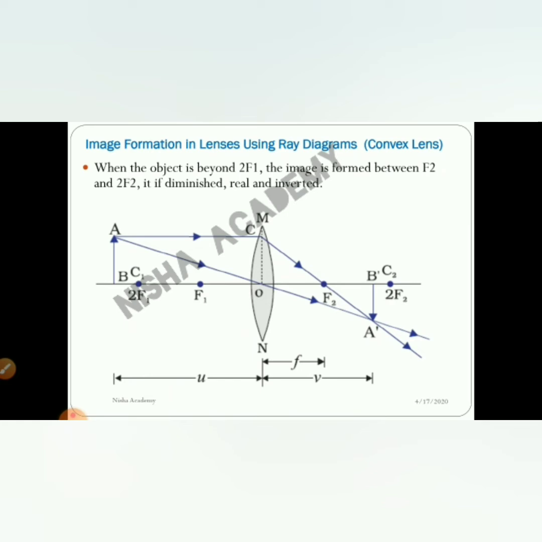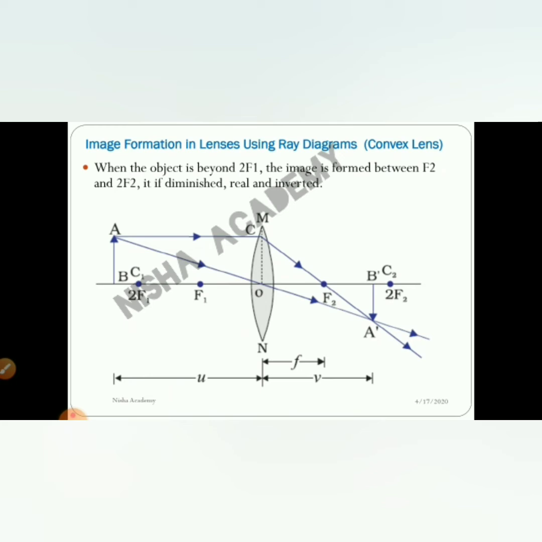Now to create an image, let us take two different rays. One is parallel to the principal axis, that is the above ray, and one is passing through the optical center of the lens. You can see that the first ray, which is parallel to the principal axis, after refraction passes through f2, which is clearly indicated by the direction of the arrows.